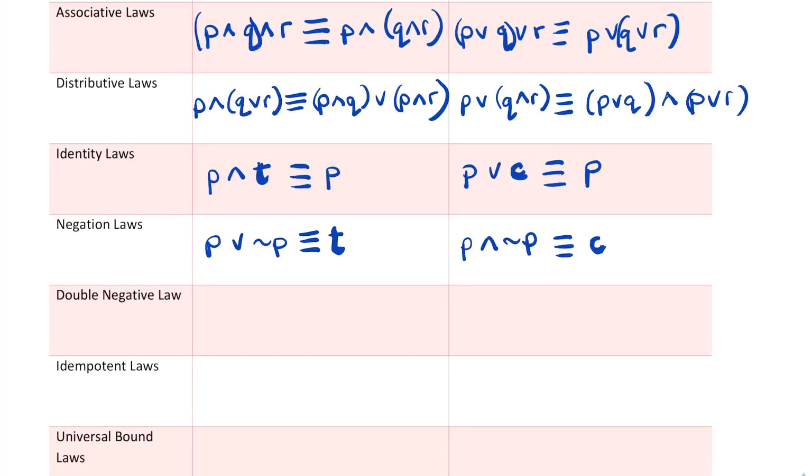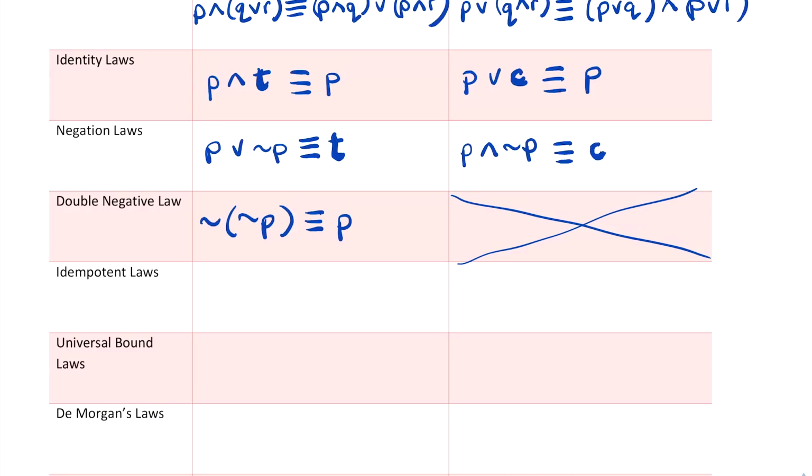All right, double negative law, right? If you've got the negation of the negation of P, that's logically equivalent to P. And then idempotent laws, right? So it turns out that the conjunction of P with itself is logically equivalent to P. And the disjunction of P with itself is logically equivalent to P. Universal bound laws.